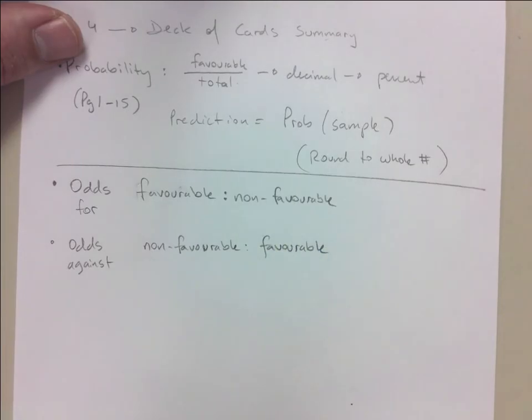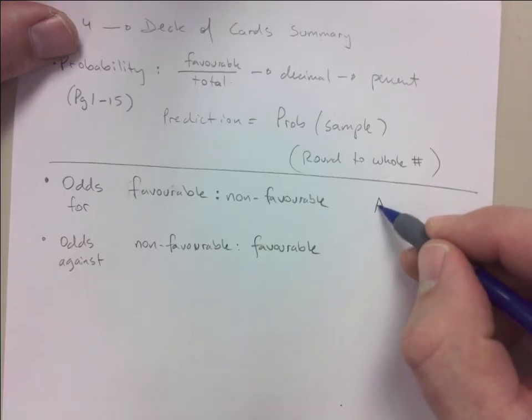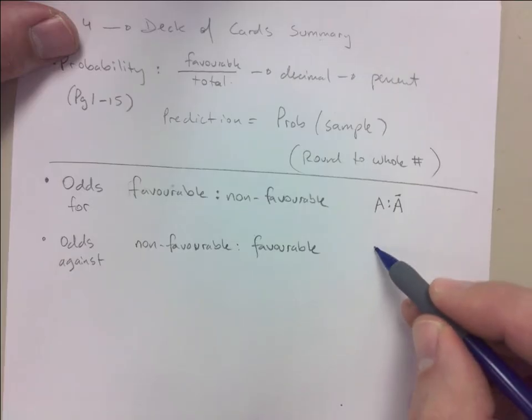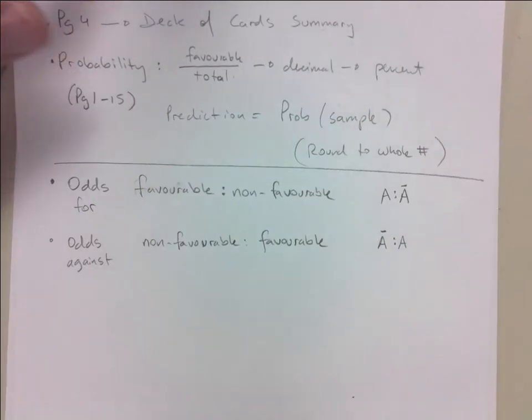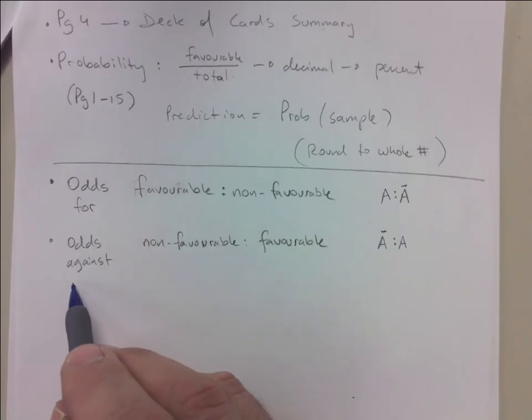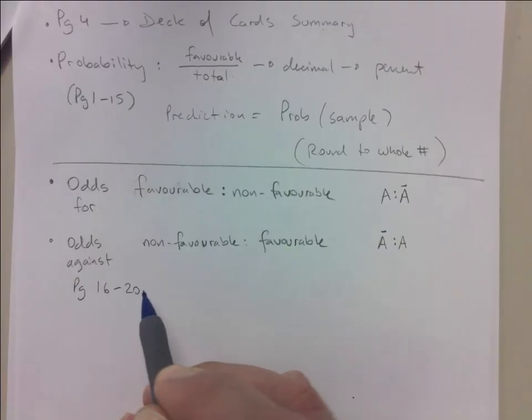This is on page 98. The short version is A to not A for odds for, and not A compared to it happening for odds against. The page numbers for this would be 16 to 20.